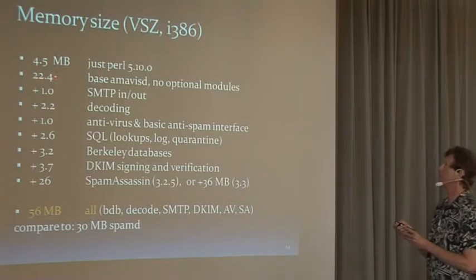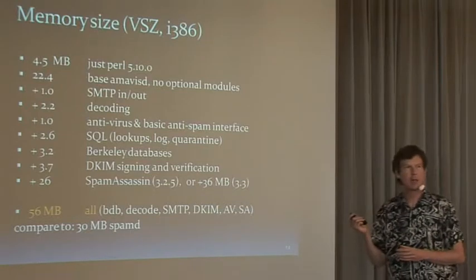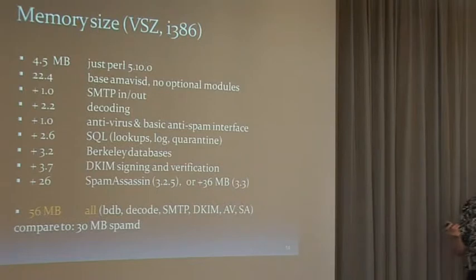Then you bring in the base amavisd-new, and each of these modules adds some addition. For example, one of the larger ones is Berkeley DB, and DKIM is not as bad, but most of the size comes from the OpenSSL library. So once you get that in, you have it for free for other modules in SpamAssassin.